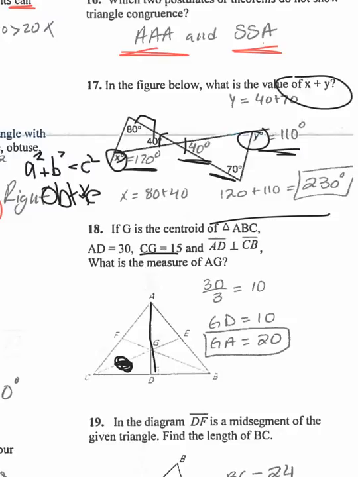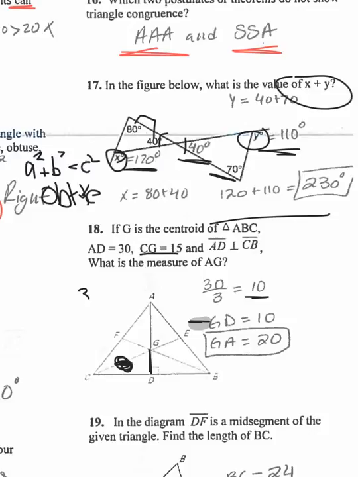AD is 30. G is the centroid. Centroids cut lines, remember, into 2/3, 1/3 divisions. Okay, so A to G is 2/3 of the line. G to D is 1/3. So what she did here is she divided it by 3, right? You get 10. When you divide it by 3, that's like multiplying by 1/3. What she did right here is going to give you that part.